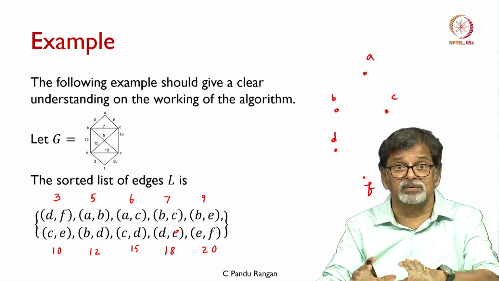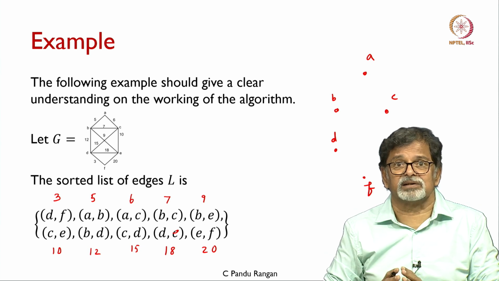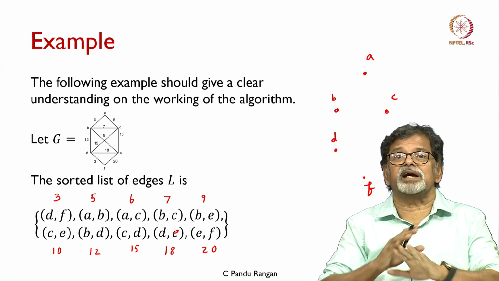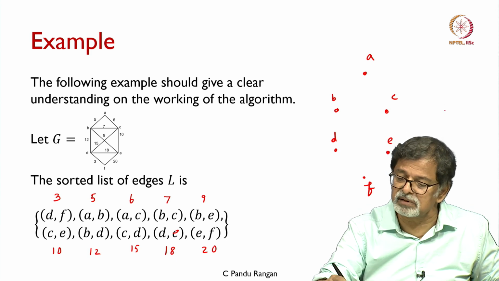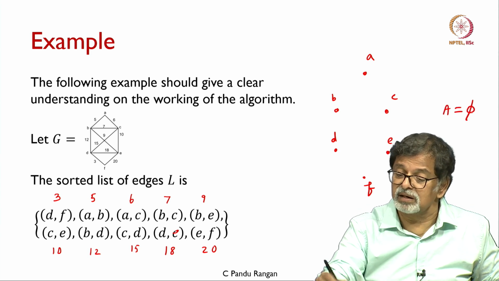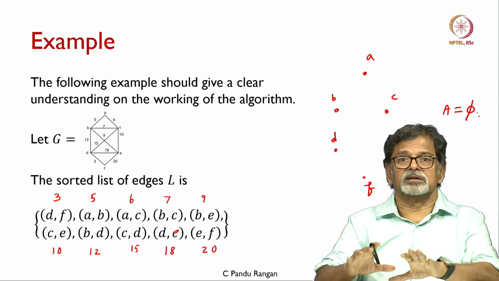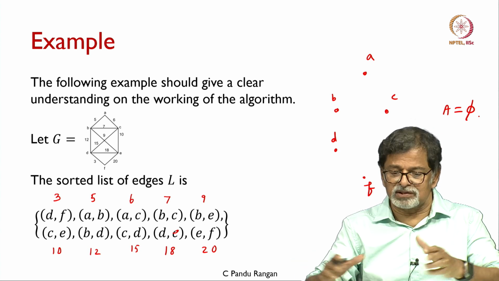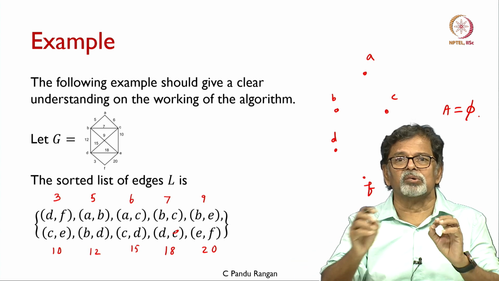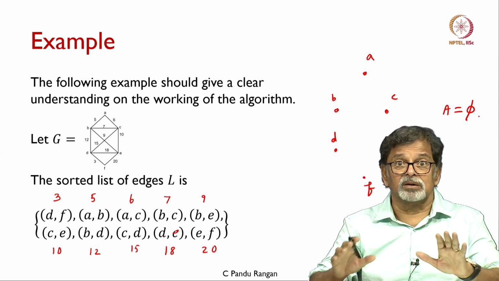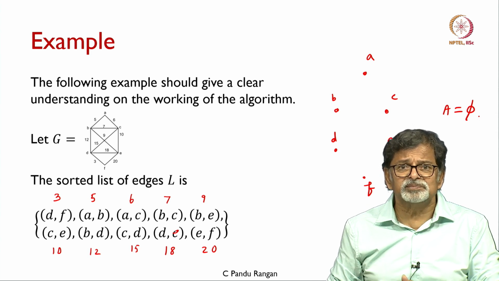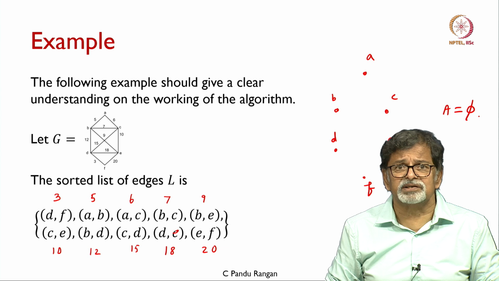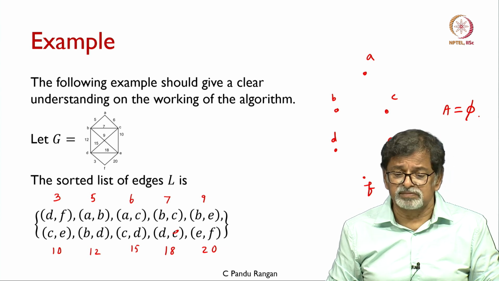Vertex set is same. T has the same vertex set. Right now T has no edges because A is empty. The T with no edges is given by the picture with only the vertices marked, no edges are there.